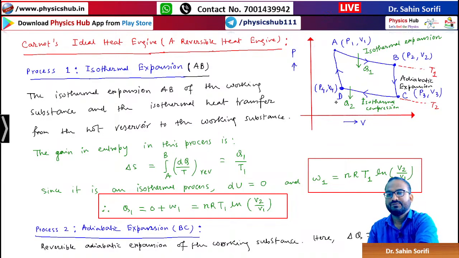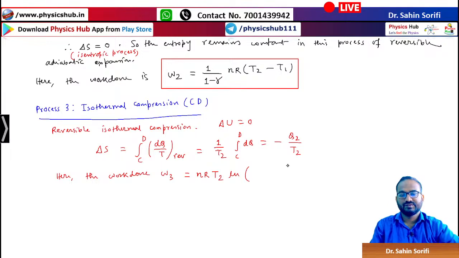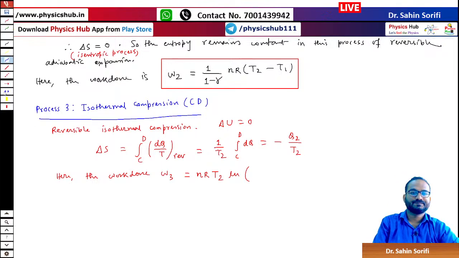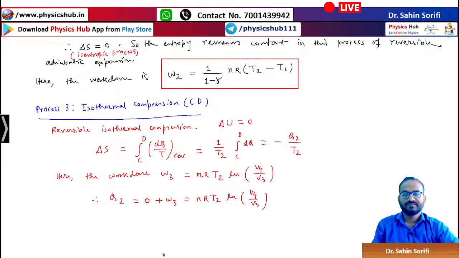So V4 is the final volume, V3 is the initial volume for this process of isothermal compression. So what you will write here? ln V4 by V3. So the heat transfer here, Q2, is equal to change in internal energy plus W3, that is nRT2 ln V4 by V3.